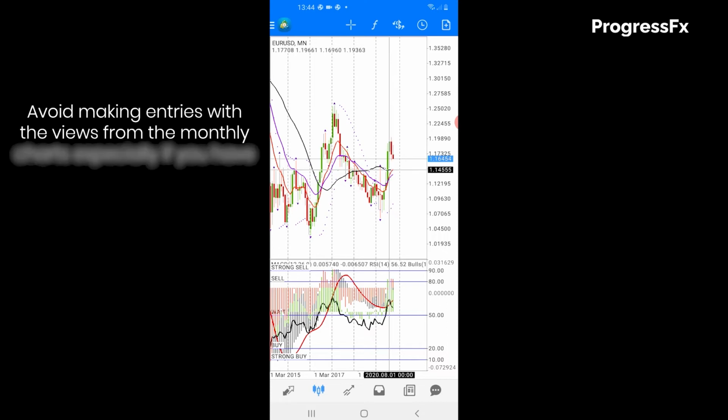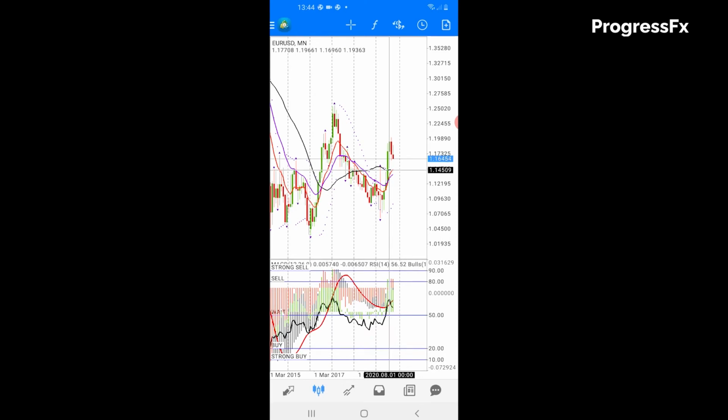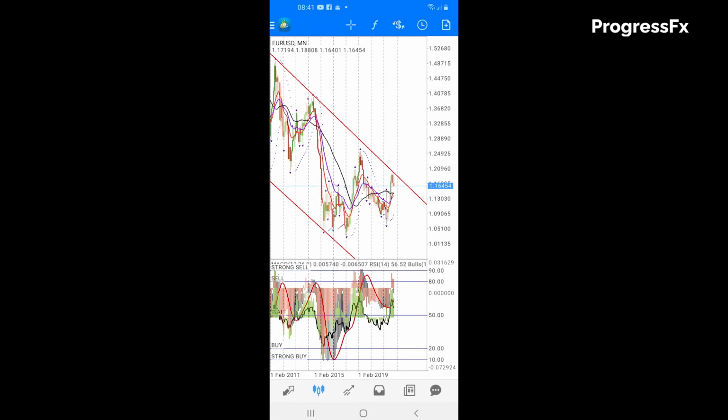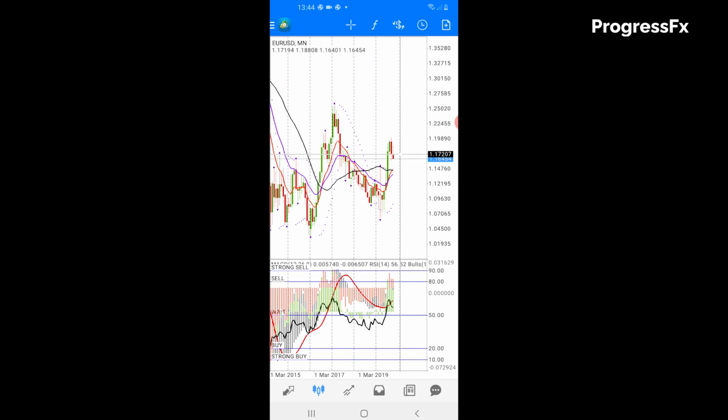It might not be at once, it might not be in this coming month, November, but my point is the market is no longer heading up. It can only retrace up to this particular point, maybe 1.17200, before heading down again.